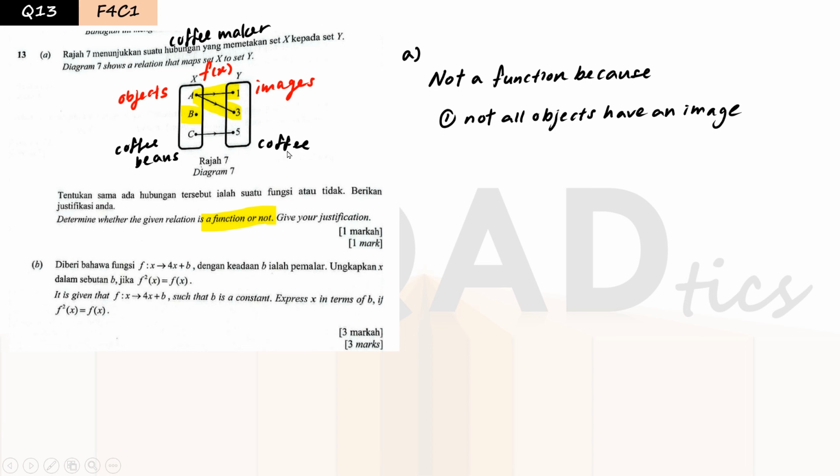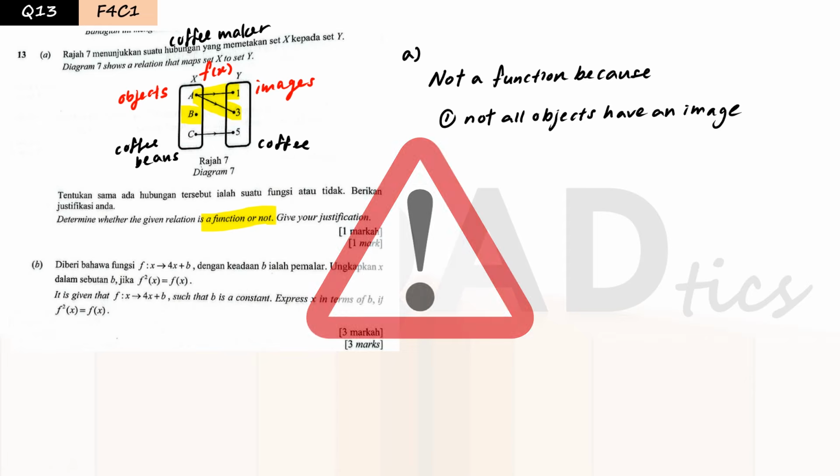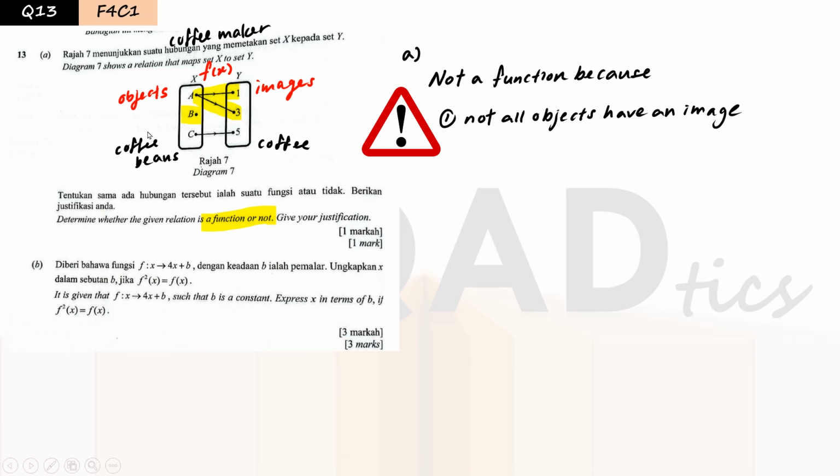Does it make sense? One type of coffee bean put into the maker produces two types of coffee. It's impossible, because one type of coffee bean should produce one type of coffee only. So again, this f of x does not make sense for this situation.